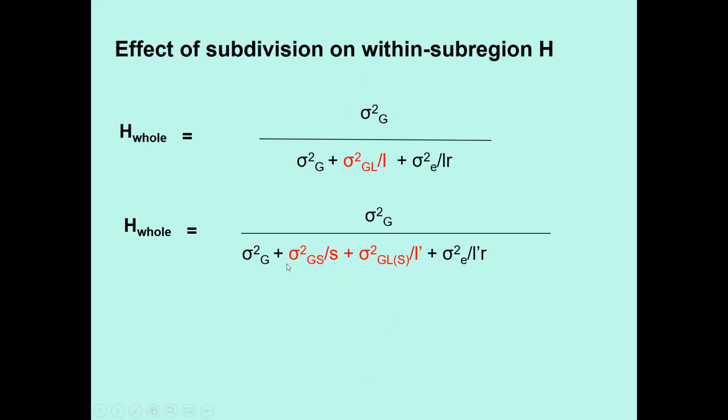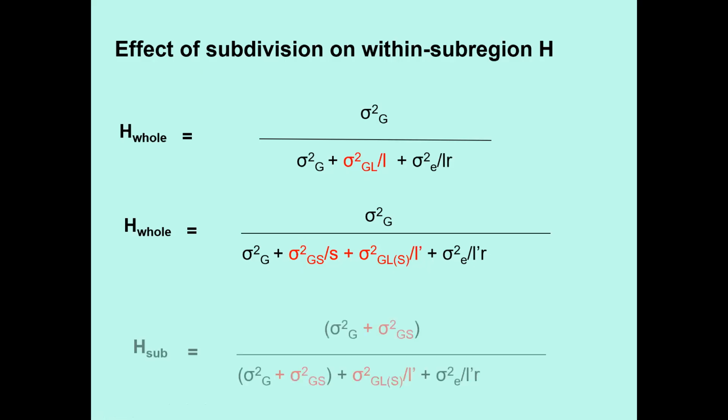What you're doing when you subdivide is you take that genotype by location variance and you divide it into a genotype by subregion term and a genotype by location within subregions term, with fewer locations now represented by that L apostrophe.